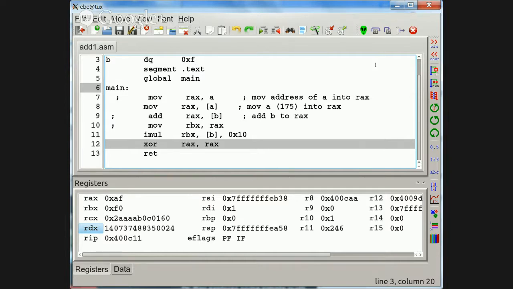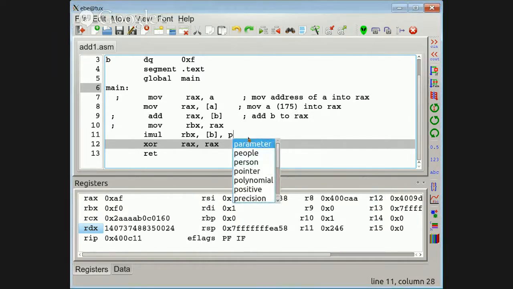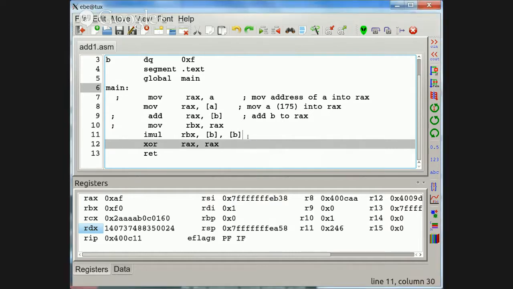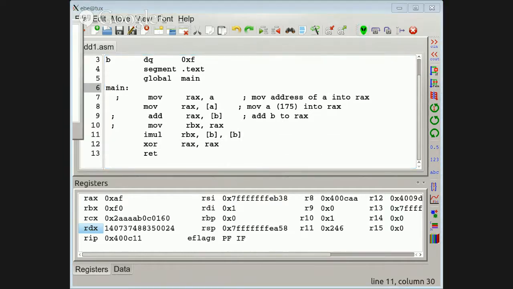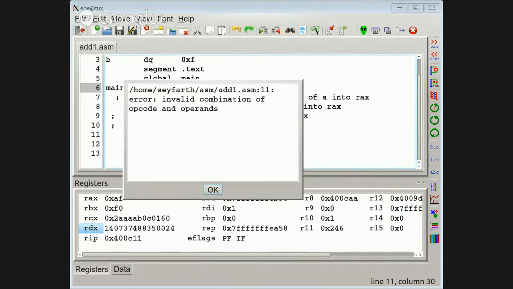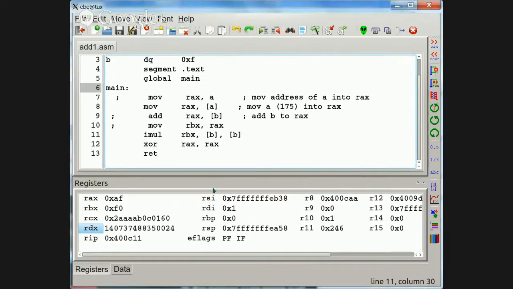Can we multiply one memory address times another memory address? Syntax looks good. Computer says invalid combination of opcode and operands. I'm fairly sure that none of the instructions allow you to specify two memory addresses in the same instruction.